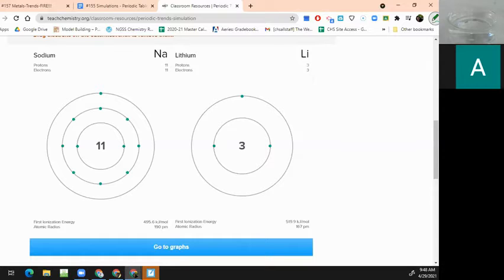So which one's valence electrons are going to be easier to remove? Sodium. Okay, so sodium is bigger. It's got one valence electron. Its ionization energy is lower. First ionization energy, this one's 520, that one's 495. It's going to give away that electron easier. Also, can you guys tell on the Zoom? That one's shiny. Can you guys see that? I got a big chunk of sodium.